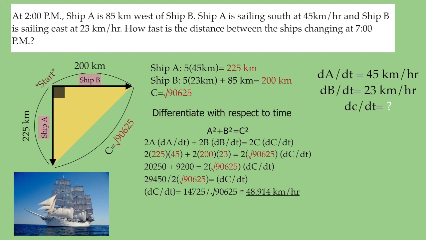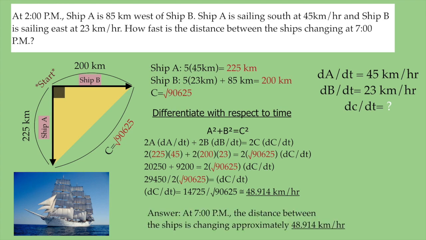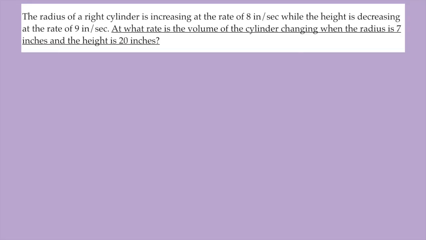So when we just do basic math and solve for both sides, we end up getting 14,725 over the square root of 90,625, and when we punch that into the calculator, we get approximately 48.914 kilometers per hour. So the answer to the question is, at 7 p.m., the distance between the ships is changing approximately 48.914 kilometers an hour.